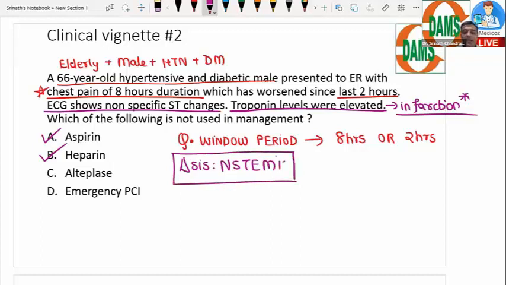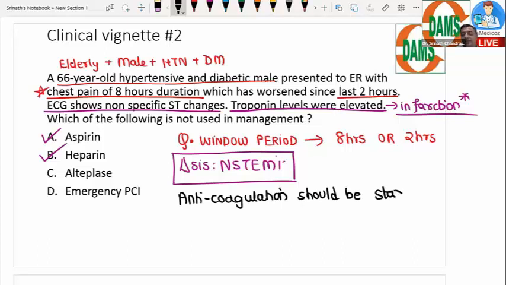NSTEMI is the diagnosis in this patient. So this becomes an indication for anticoagulation. Anticoagulation should be started in infarction.